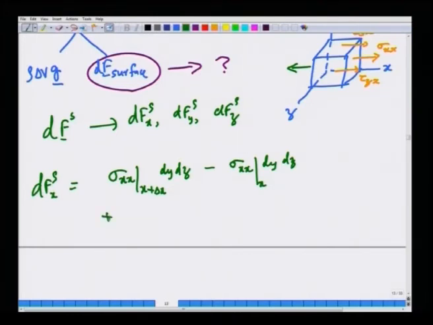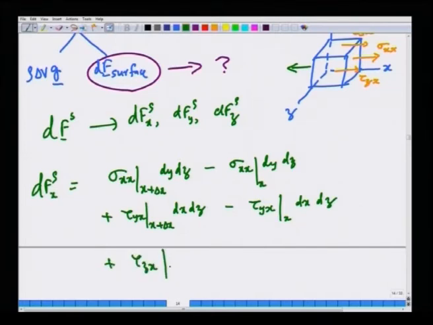So, plus tau y x at x plus delta x, sorry, now we have to be a little careful, times dx dz, this is the area over which things are acting, minus tau y x at x dx dz, plus tau z x at y plus delta y, this is at y, minus tau z x at z, times dx dy. Now we have to use the Taylor series expansion.